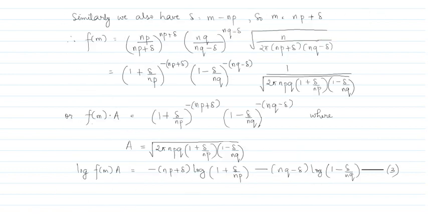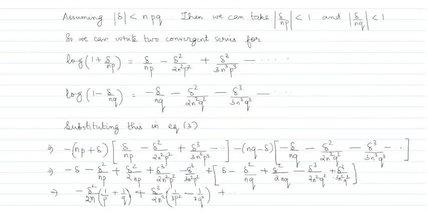Then I can approximate; this logarithmic series will be a convergent series, and I can write log of 1 plus delta by np as delta by np minus delta squared by 2 n squared p squared plus etc. So it will be a series with alternating plus and minus signs.